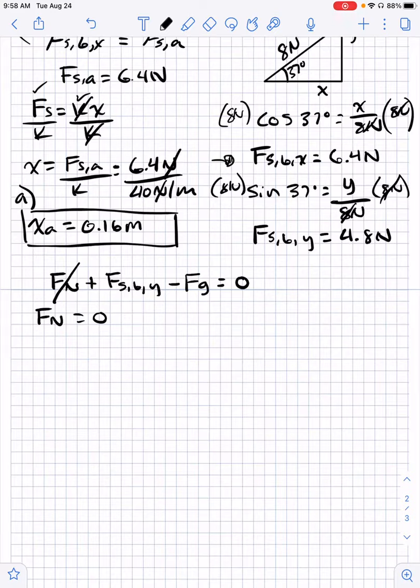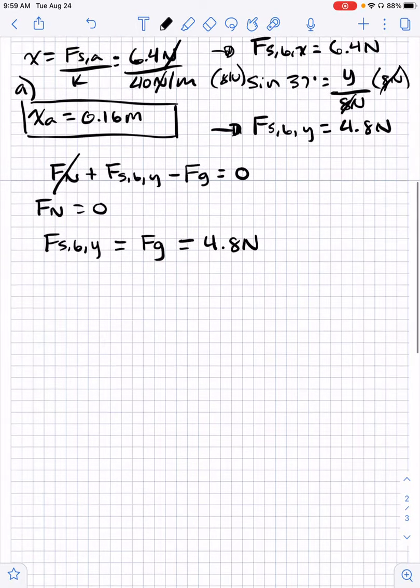So if that's the case, if the normal force is so small that it's negligible, that we assume it's 0, then that tells me that the y component of spring B has to equal the weight of the box. And earlier we found the y component of spring B and it was equal to 4.8 newtons. So that means weight is equal to 4.8 newtons. But be careful here because they want us to find the mass, right, not the weight.